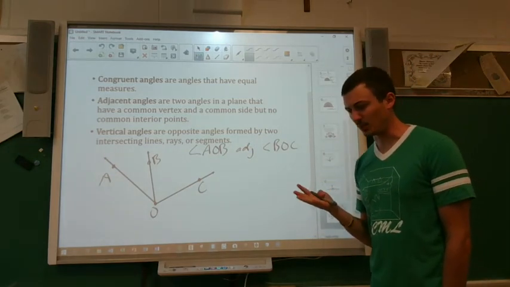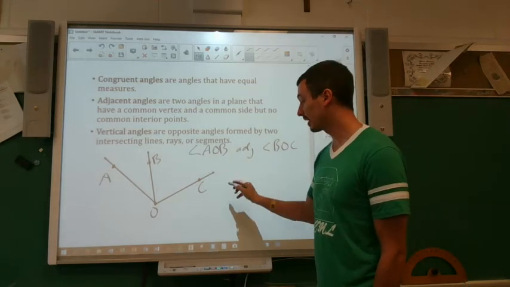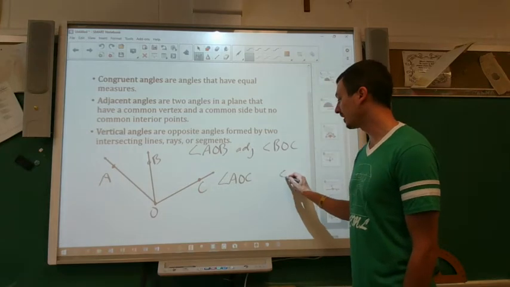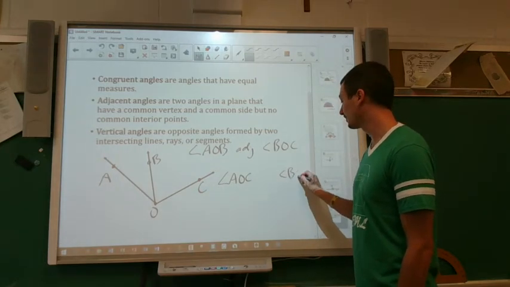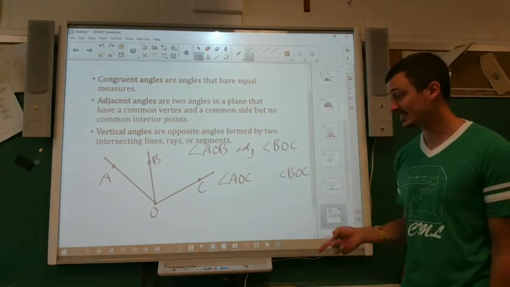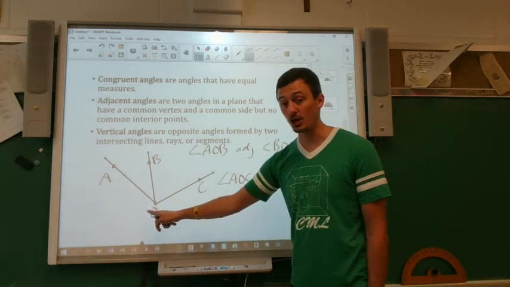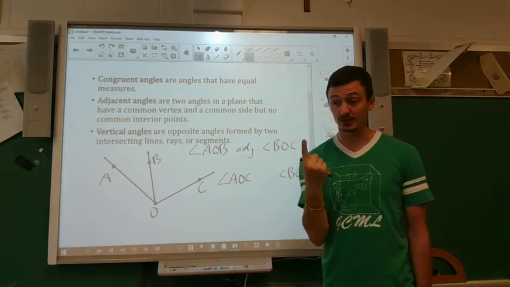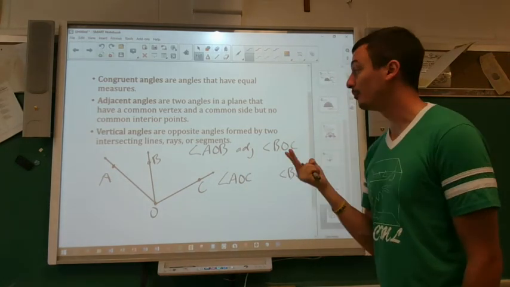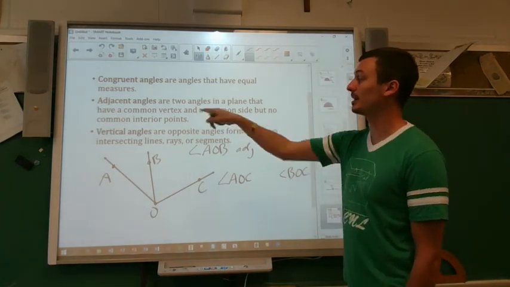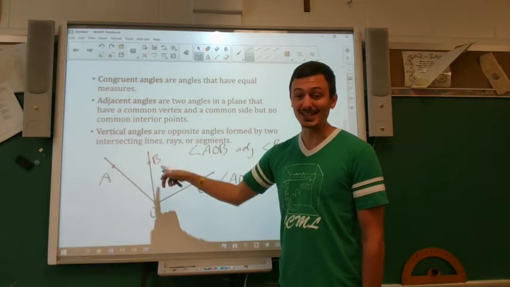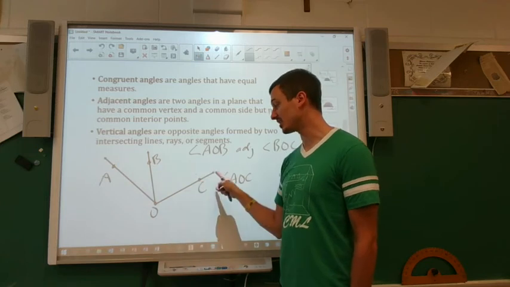Now, what does interior points mean? Well, let's look at angle AOC and angle BOC. In this case, they both share vertex O and they both share side OC. So they both share a vertex and a common side. But this is where the common interior points happen, in that point B is inside angle AOC.